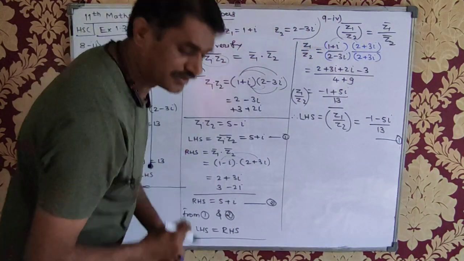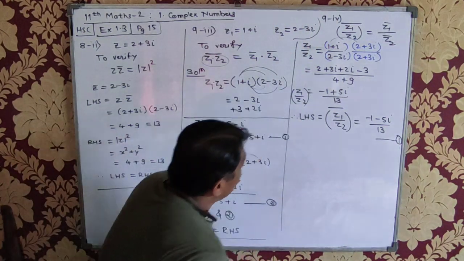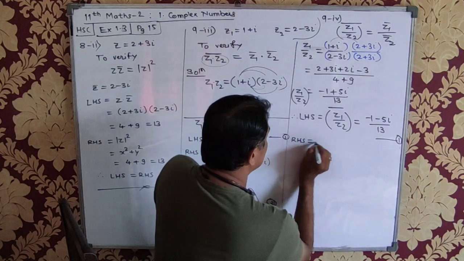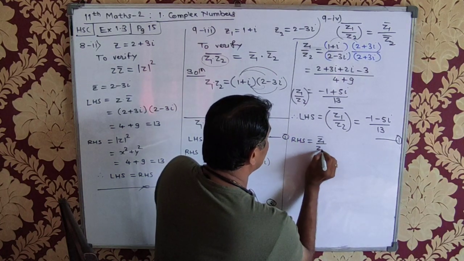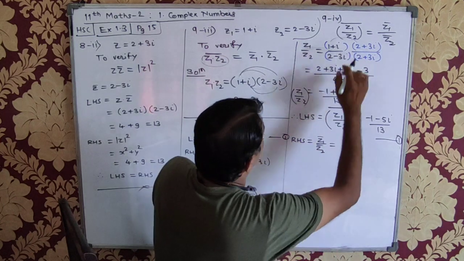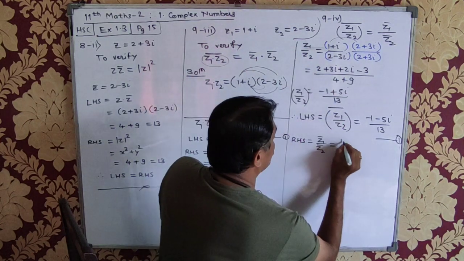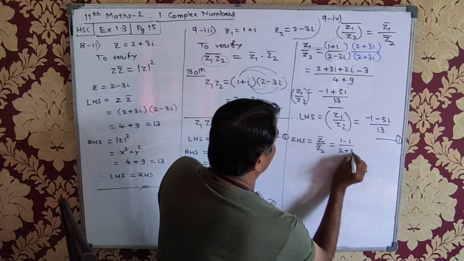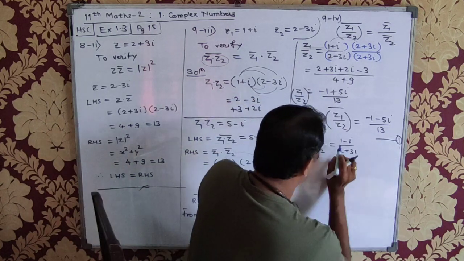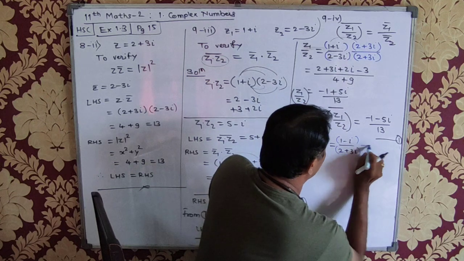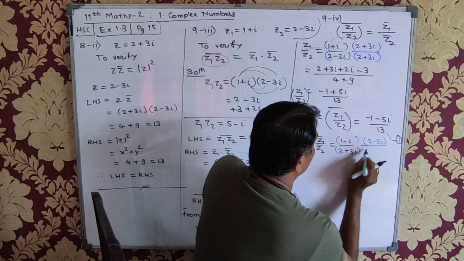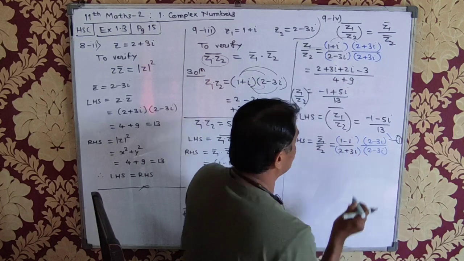Any doubts? Is this clear? Alright. RHS is Z1 bar upon Z2 bar: Z1 bar is 1 minus i, upon Z2 bar which is 2 plus 3i. Let us rationalize this by multiplying by (2 minus 3i) upon (2 minus 3i).